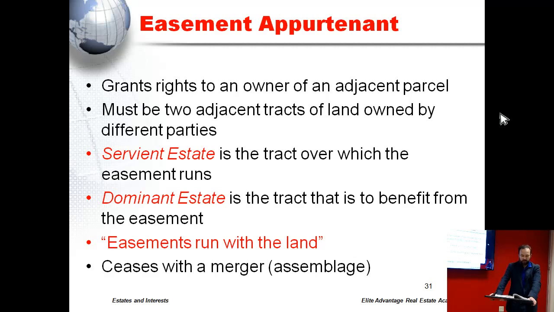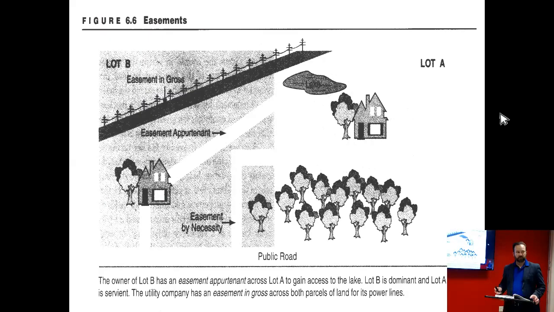If we look at the chart on 6.6, we'll see here Lot B and Lot A. Okay, so easements run with the land, and they cease with a severance of these lots. So if we're looking at figure 6.6, the owner of Lot B has an easement appurtenant across Lot A to gain access to the lake.